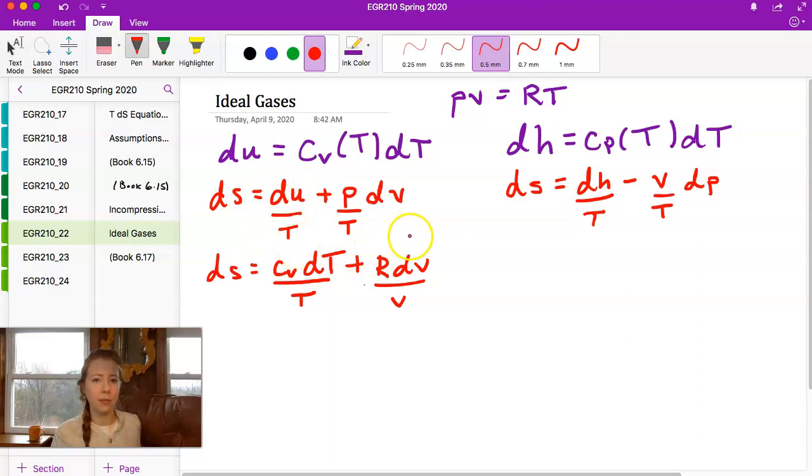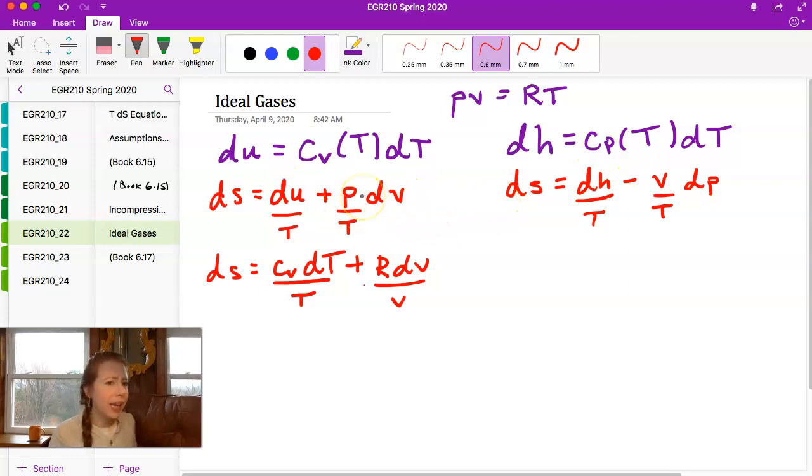That's not going to be nice to integrate. So now what we did is we subbed in Cv dT for du. So we have dT over T. Yeah, we can integrate that. We have 1 over T dT, basically a constant over T dT. There we go. And here what we did is said, well, now we're also mixed.